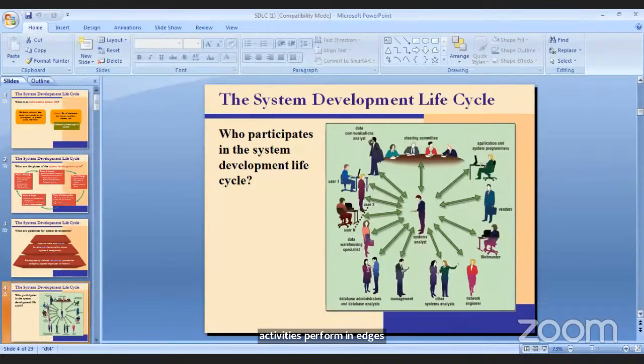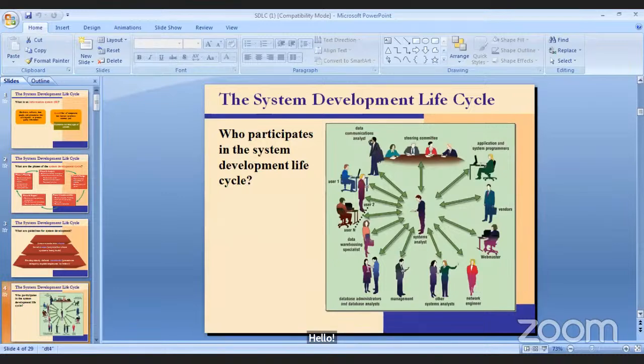See, the system development life cycle, who can participate? Is the diagram visible to you people? Hello? Yes, sir. Okay.